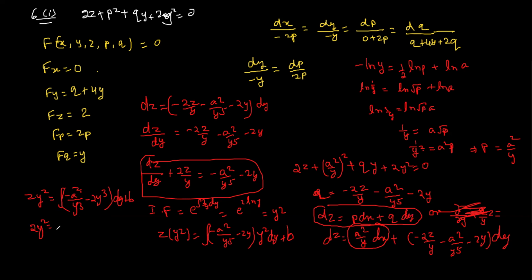So after solving this, y raised to minus 3, y raised to 2, 3a square y 2, y 4 by 2 plus b. Okay, so this is the relation between y, right?